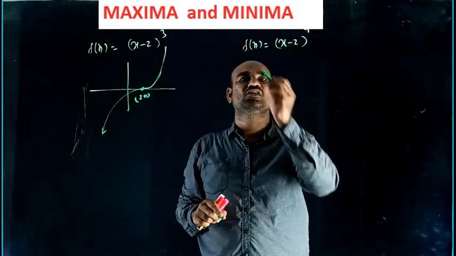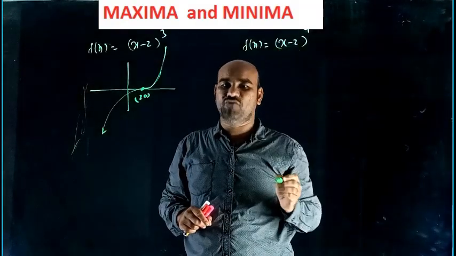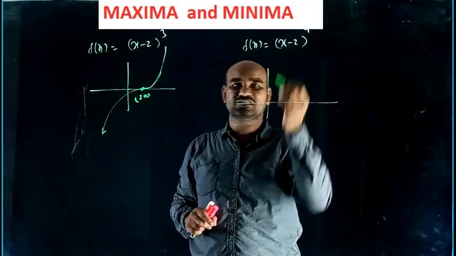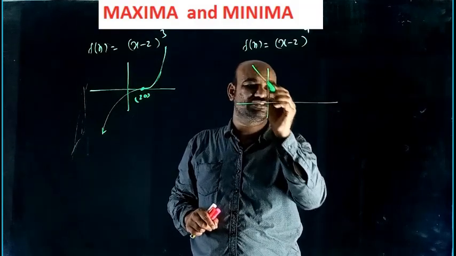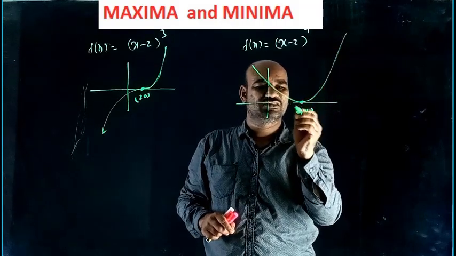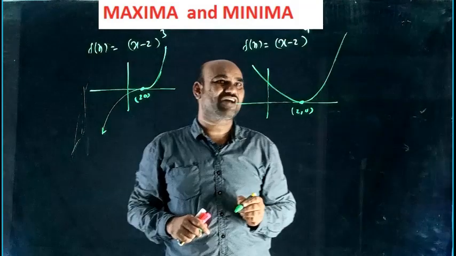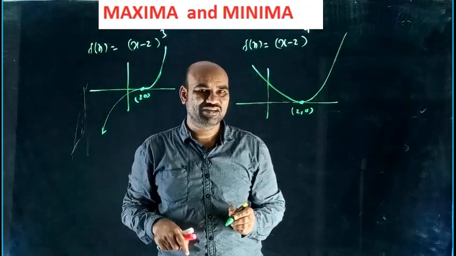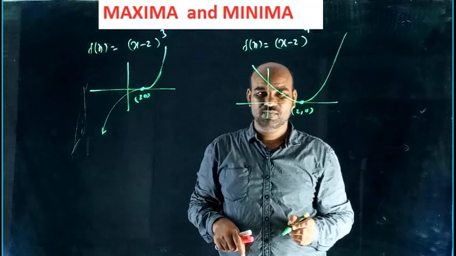Okay, f of x equal to (x minus 2) power 4. This is a simple function, and its graph will be like this. Clearly, this graph shows that this function has a point of minima equal to 2. Understood?